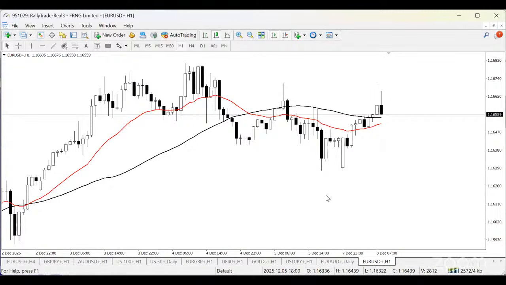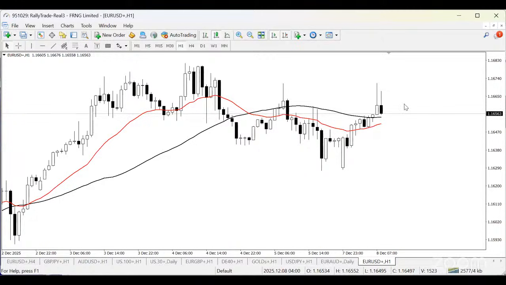Now, my attention will shift to the upside if and only if the red crosses above the black. Even though I will not place a sell, for obvious reason, I won't because the current price is above the moving average, both black and red. I'll be looking to sell when the price is below the two moving averages, that's both the black and the red.